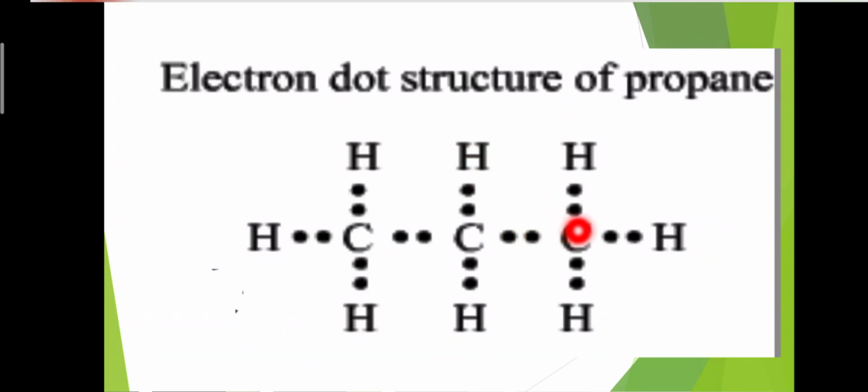This terminal carbon atom is directly bonded with this carbon atom, while the other 3 valence electrons form single bonds with hydrogen atoms. Each carbon atom forms 4 covalent bonds.